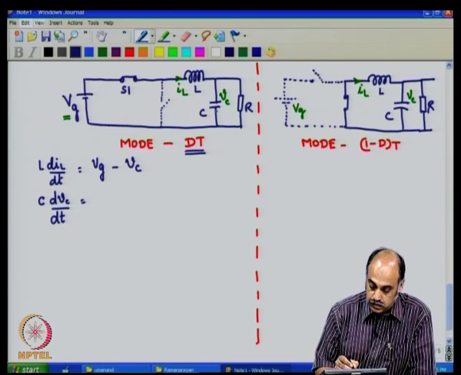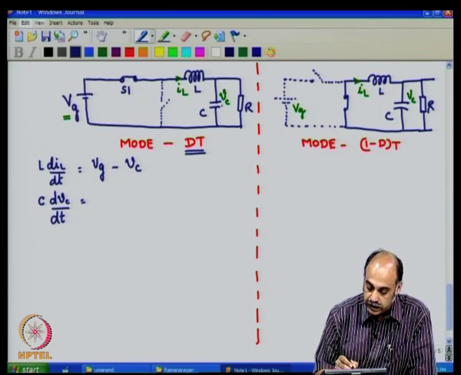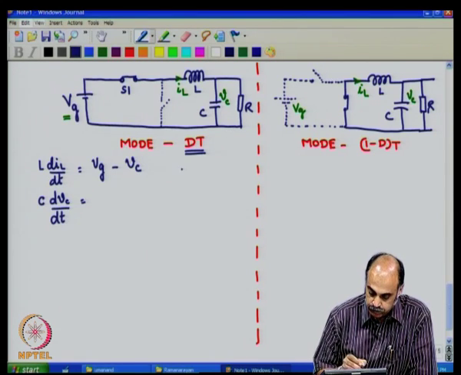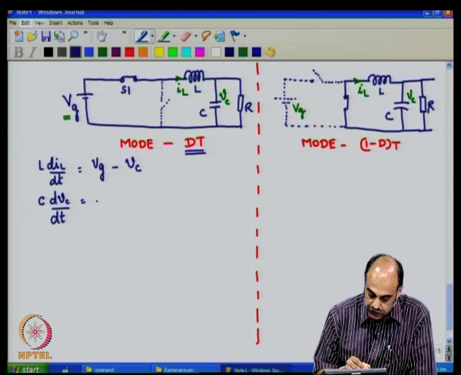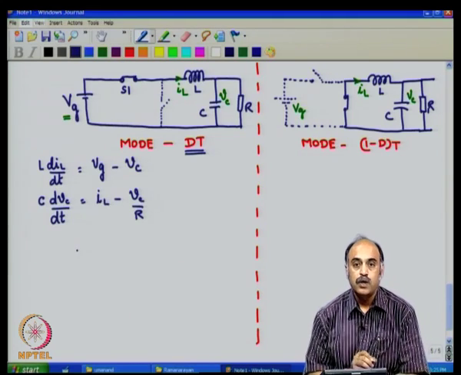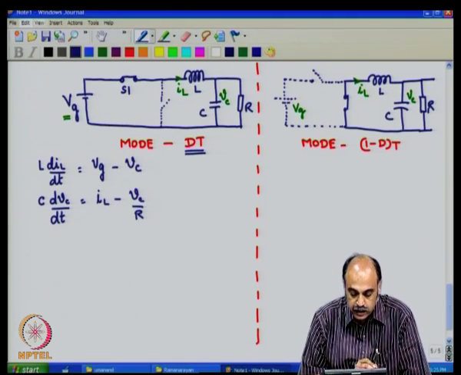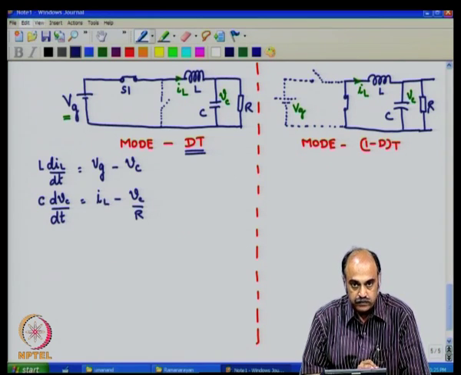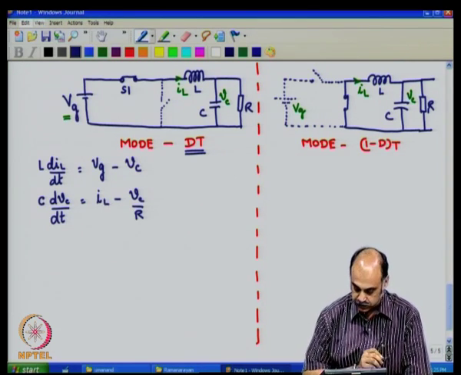The capacitor differential equation, C dVc by dt, is nothing but the current through the capacitance, which is the current through the inductor minus the current flowing through the load resistance R. So, therefore, we can write it down as IL minus Vc by R. Always use just only those variables which we list down, which are the state variables, input variables and the parameters, nothing else, nothing more.